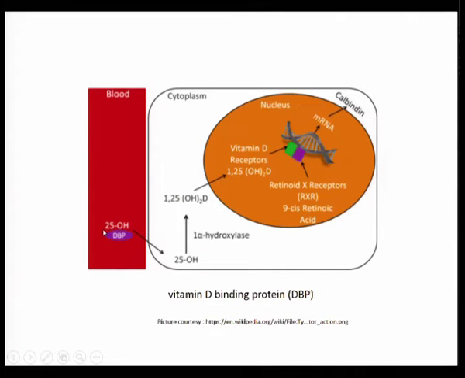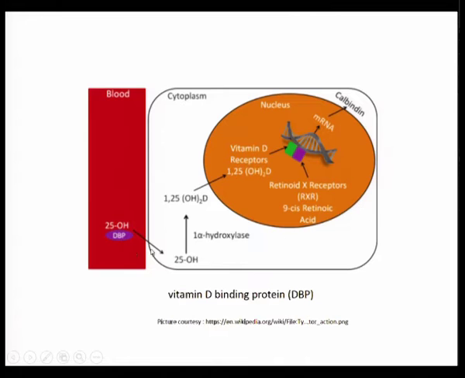Here you have vitamin D, basically the semi-activated version, the 25-hydroxy vitamin D derivative, which is bound with DBP. So what is this DBP? It's vitamin D binding protein. Vitamin D binding proteins help in the transportation of vitamin D inside the cell.